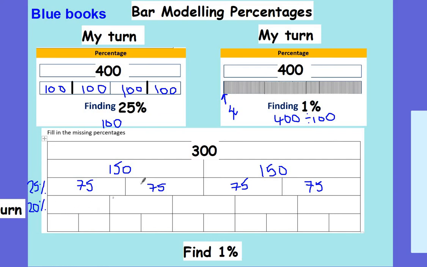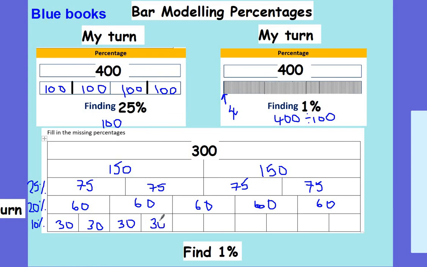And inside this one, I need to divide 300 by 5, which should look like 60, 60, 60, and 60. And finally, this row shows me my 10%. And 10% of 300, dividing it by 10, gives me 30.